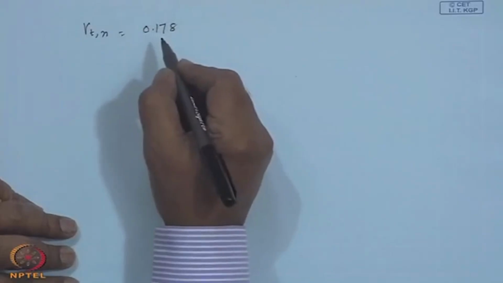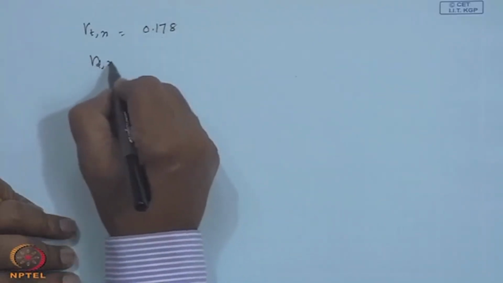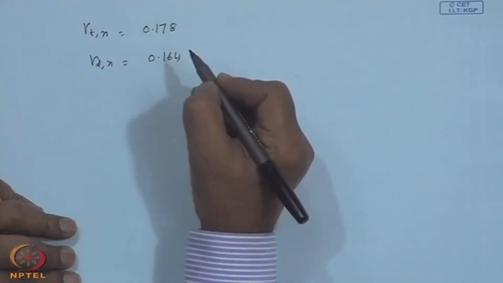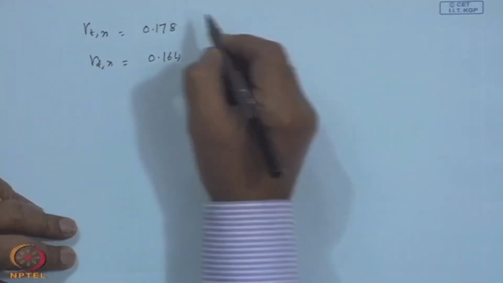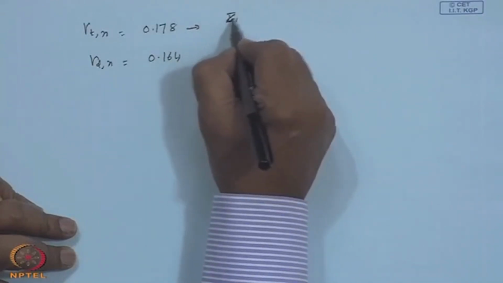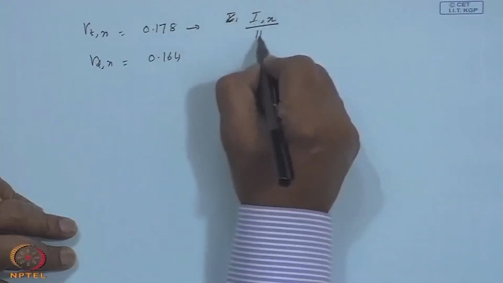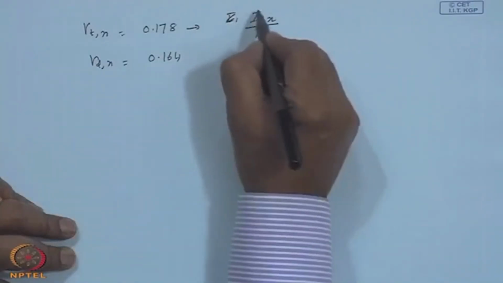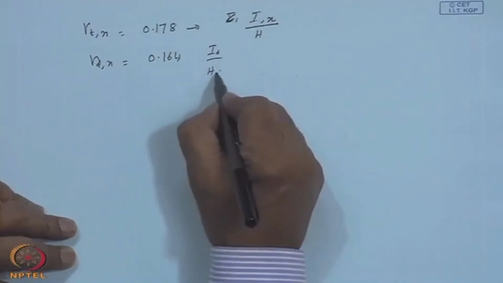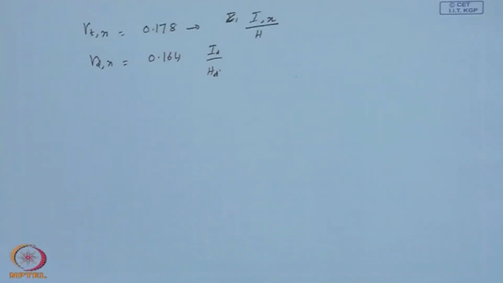Once again, this is a correlation due to Collatz-Pereira-Raval, and RDN is 0.164. This is a relation due to Liu and Jordan, and remember that this is I at the noon time by H for the day or the monthly average day. This is ID by HD. In other words, if we know HD or H, we can calculate I or ID.